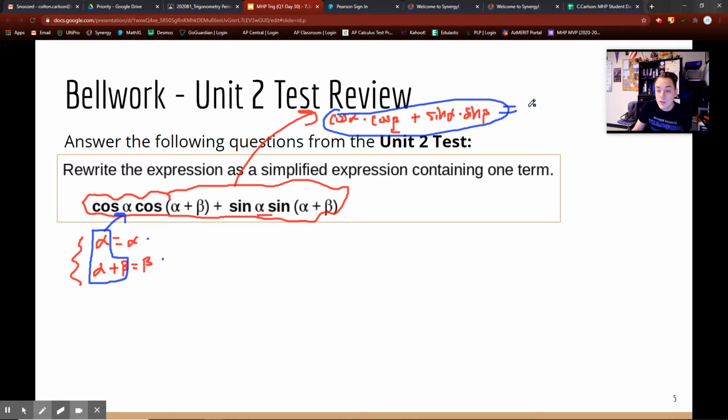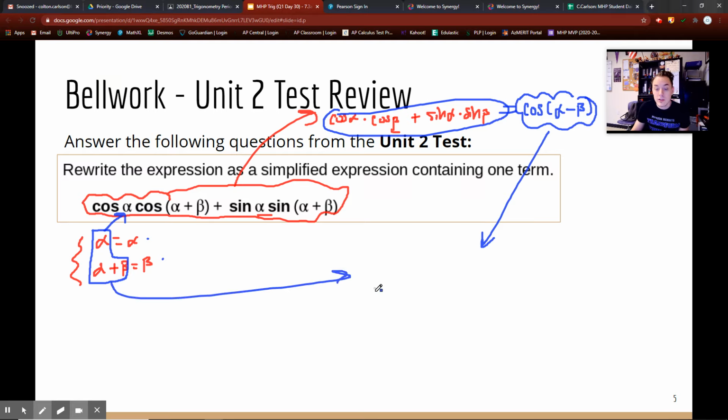And what does that equal? That equals cosine of alpha minus beta. So I'm going to actually be using this formula right here and kind of switch out the alpha minus beta here. What am I going to switch it out to? So I'm going to switch them out to those. So now this is equal to cosine. My alpha is alpha, but my beta minus my beta is alpha plus beta.